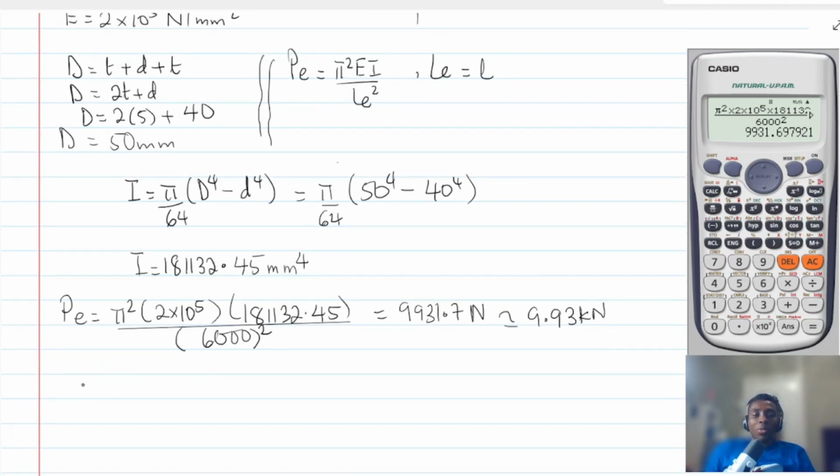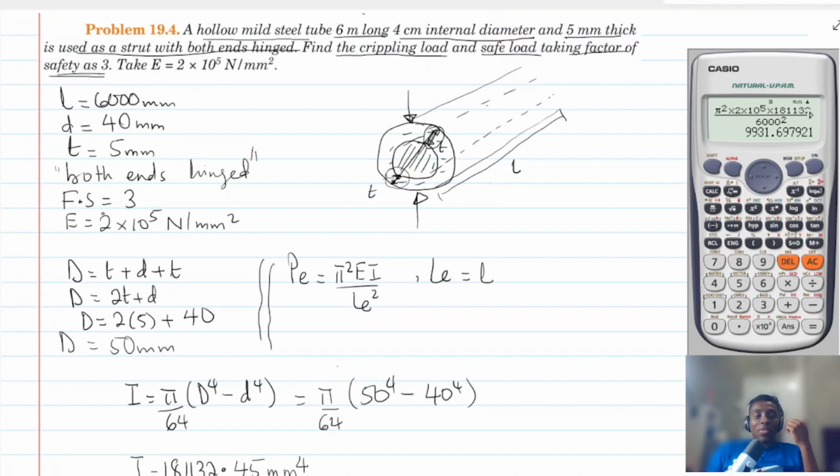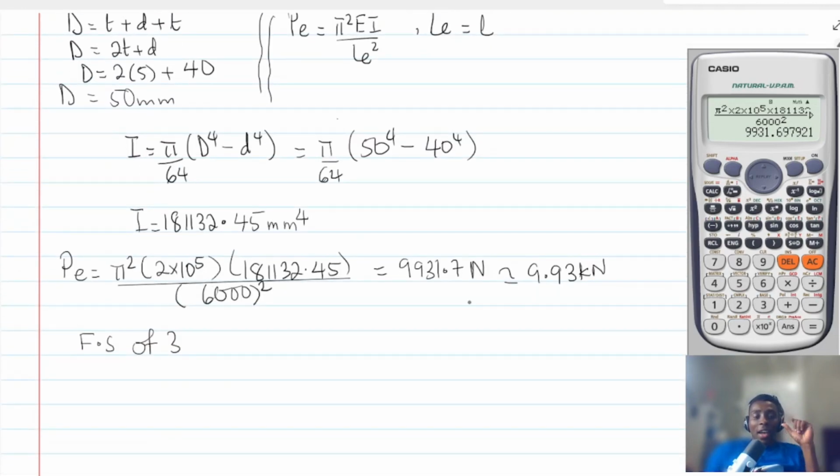But we've been given a factor of safety, and we've been asked to calculate the safe load. So when we say the factor of safety is 3, meaning that at the end of the day, the actual design is going to be 3 times safer than the basic load.